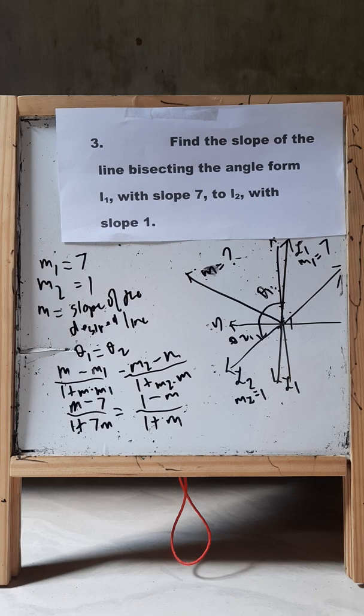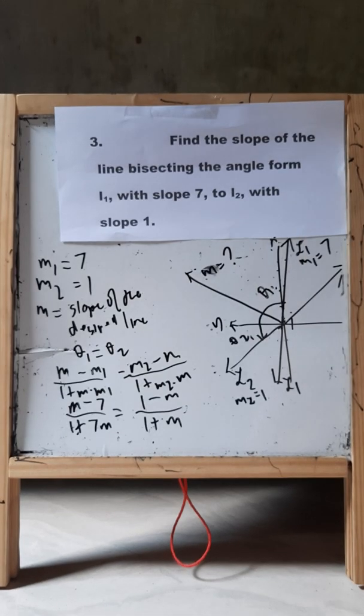Okay, next step will be cross products. We're going to cross multiply. And then to have space, we will erase this part. Is that understood? Line 1 with the slope of 7, line 2 with the slope of 1.